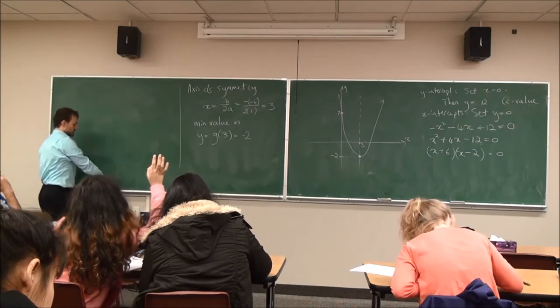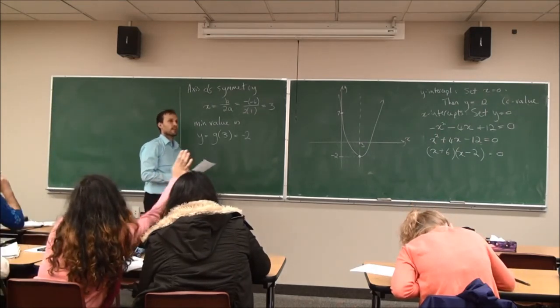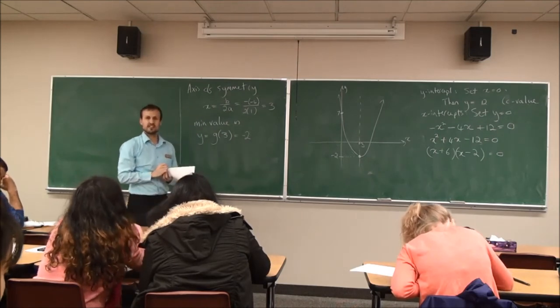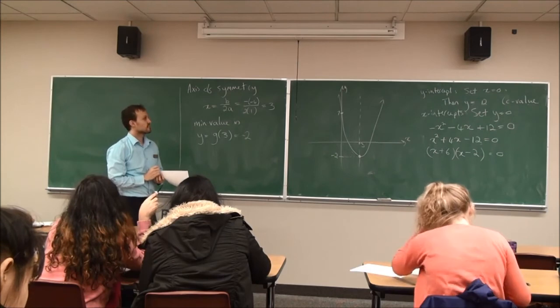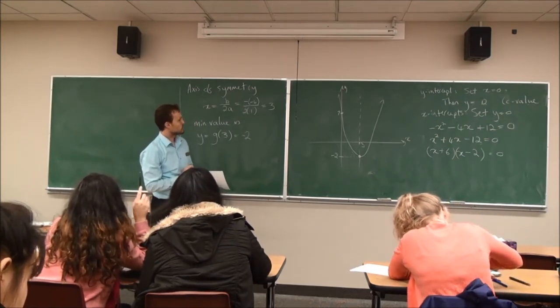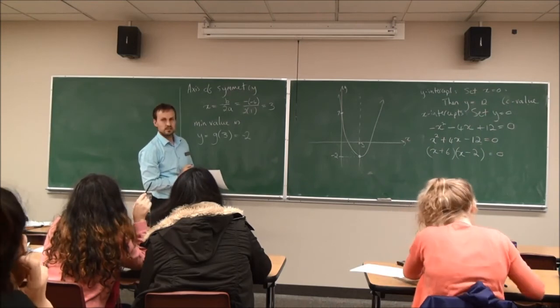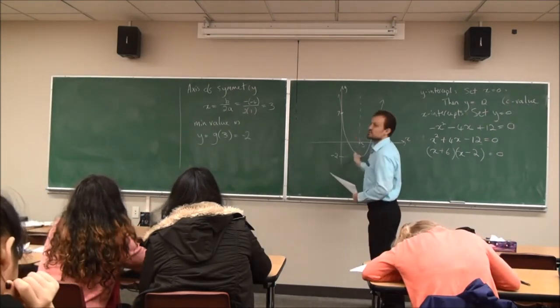Any questions on this? Yes. Why isn't it go from the 3? When you draw the thing, doesn't it go from the 3? Isn't that what axis of symmetry is? The 3 is where the axis of symmetry is, yes.